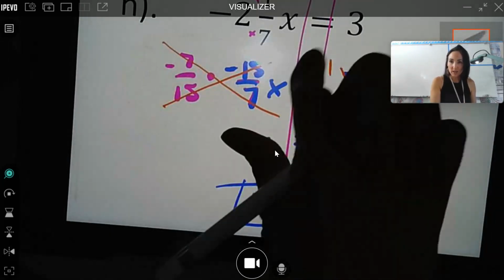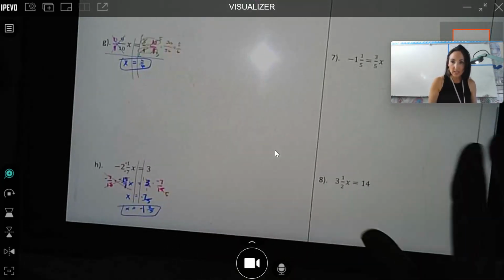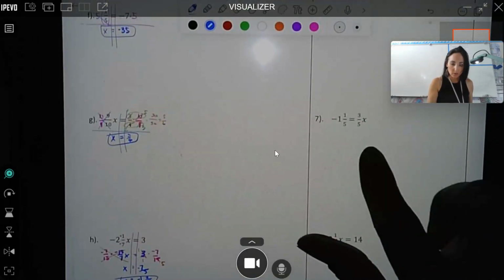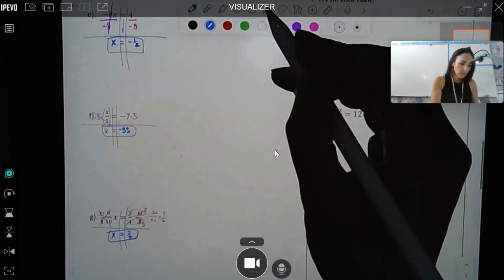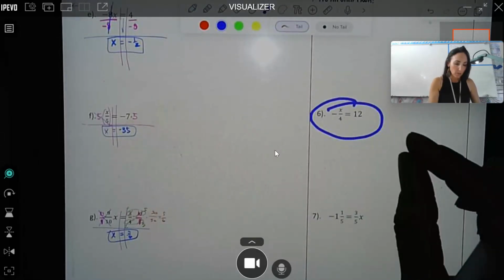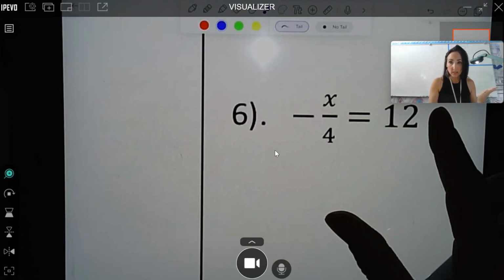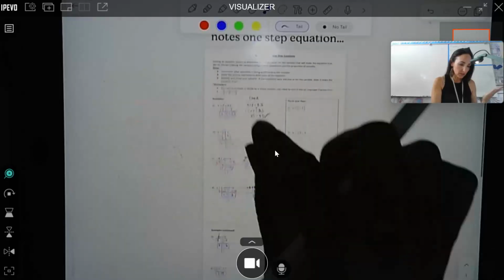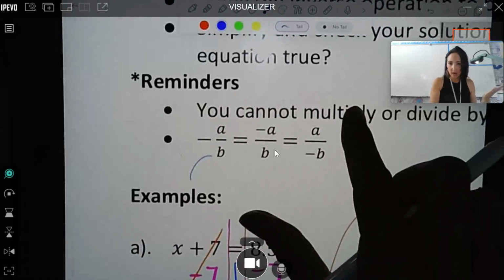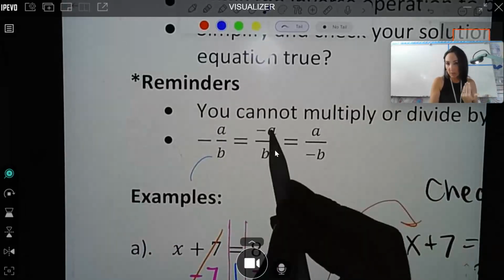All right, you guys try these. Ooh, but before we do, here's an issue. We got this negative off to the side. What do you do with it? On the top of these notes, it tells you if it's off to the side, you either put it with the top or you put it with the bottom.